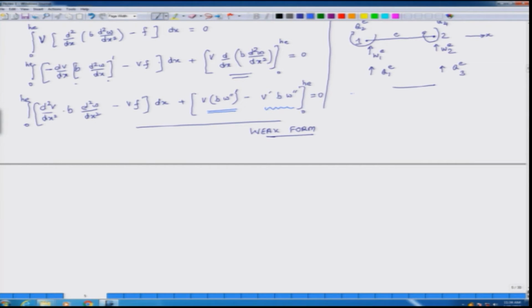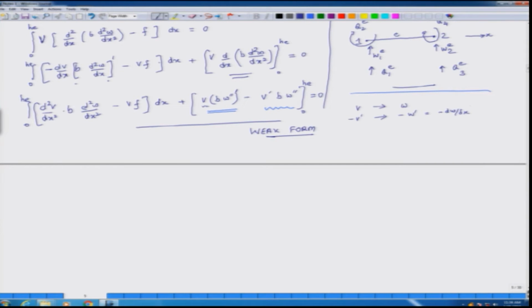So, when I look at these terms, V helps us determine that one primary variable is W, and minus V prime helps us make a judgment that the other primary variable is minus W prime, or minus dW over dx, right.